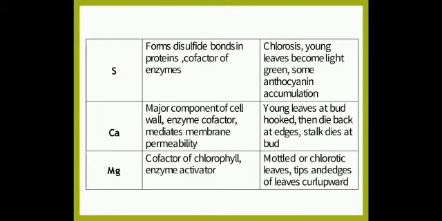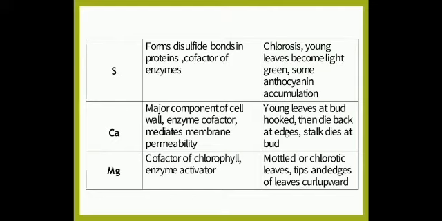Sulfur forms disulfide bonds in proteins and acts as a cofactor of enzymes. Its deficiency results in chlorosis. The young leaves become light green, and in some, anthocyanin accumulation is also seen. Calcium forms a major component of the cell wall, is an enzyme cofactor, and mediates membrane permeability.